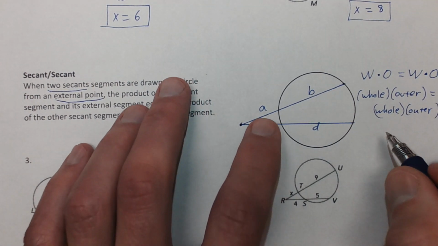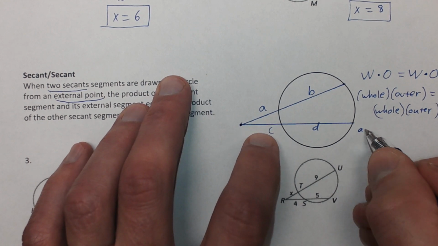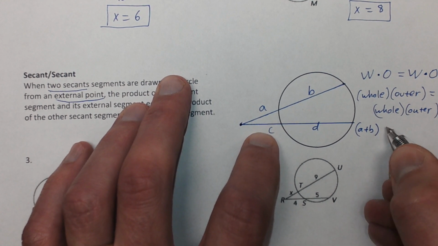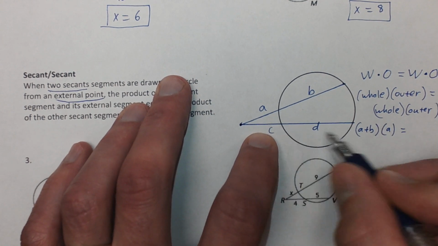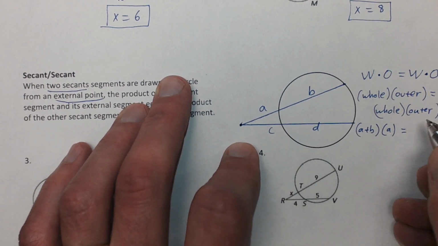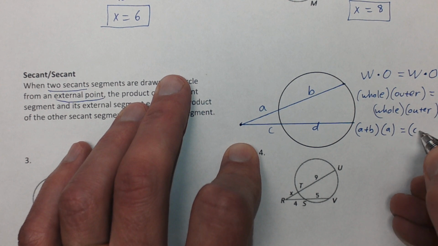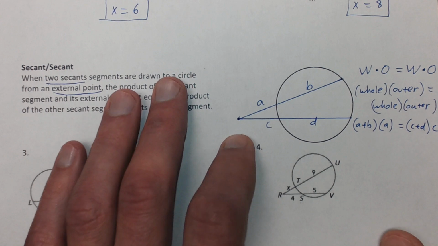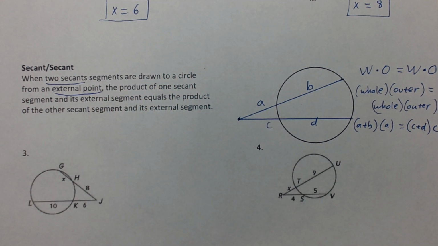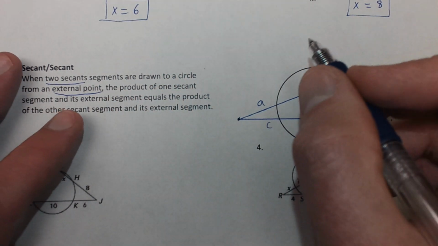So let's write that down. A plus B times just the outer is equal to the whole thing of the other one. The whole thing for this other secant is C plus D times the outer, which is just the C. And yeah, so there you go.